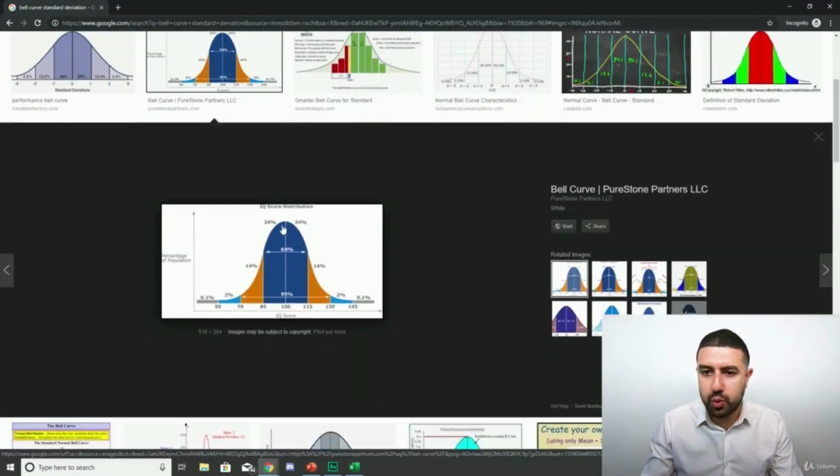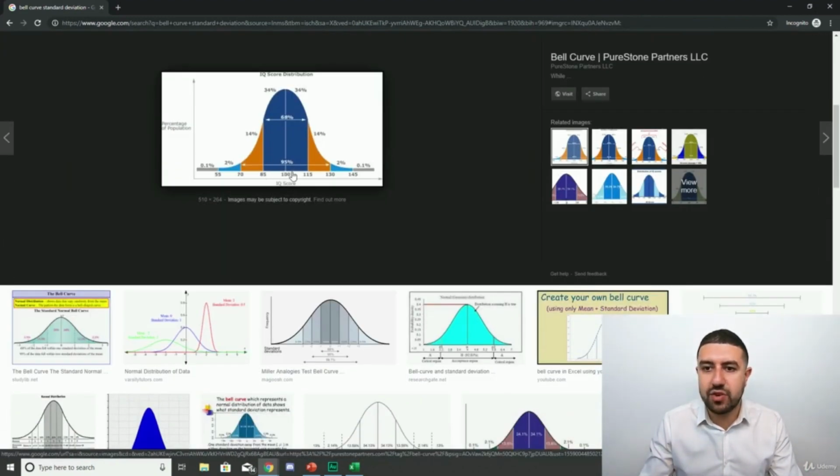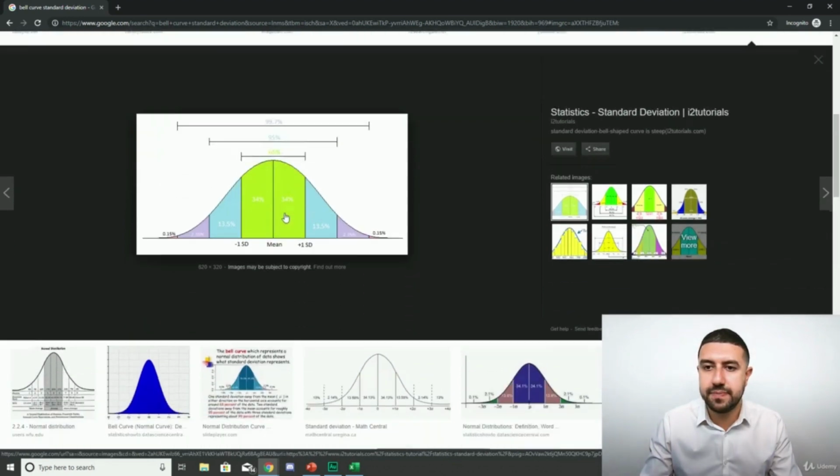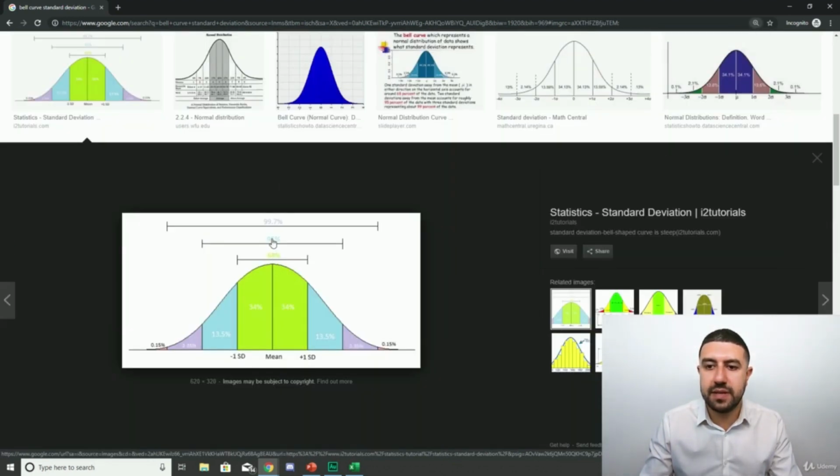Okay, so between one standard deviation, you have 68%, two standard deviations, you have 95%, and three standard deviations, you're going to have 99% of the population. Okay, here you have it, right? 68, 95, and 99.